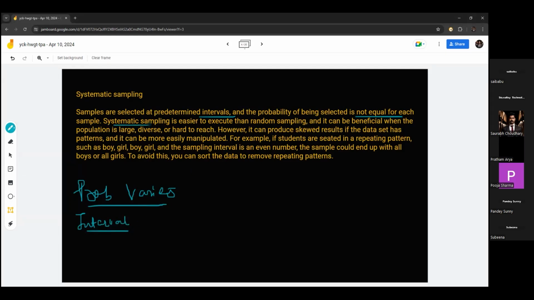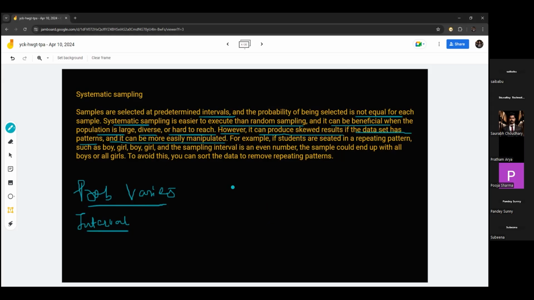Systematic sampling is easier to execute than random sampling, and it can be beneficial when the population is large, diverse, and hard to reach. However, it can produce skewed results if your data set has a pattern, and it can be more easily manipulated.